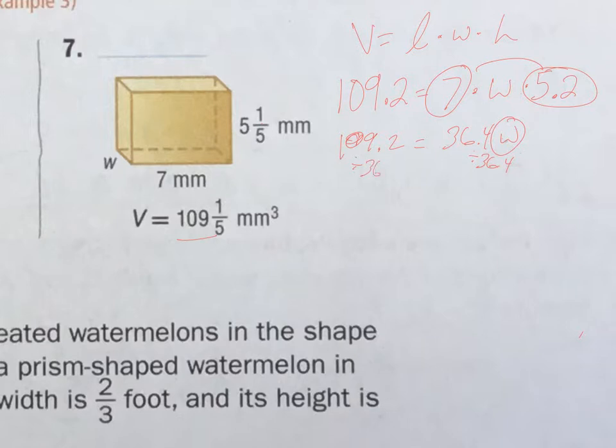This will just get me width, which is what I'm looking for, but I have to do the same to 109.2 divided by 36.4, and it gets me 3. So my width is 3 millimeters, not squared, not cubed. All right, let's go to number 8.